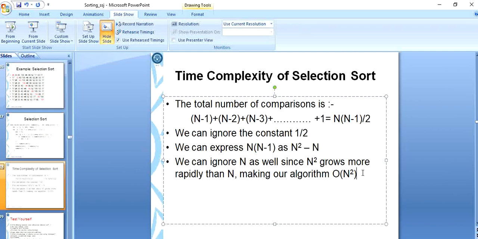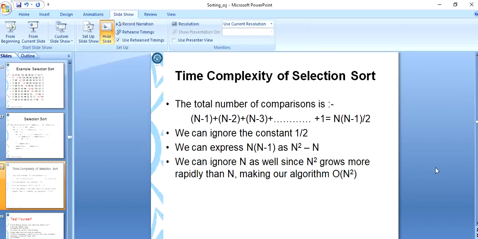It is always followed practice that they give the name of the sorting technique, and as per that name you have to sort the elements. So if you are asked to solve by using selection sort, then you are bound to solve that particular problem using selection sort only. You cannot apply any other sorting technique. So you should know each and every sorting technique, how to solve that particular problem by using such sorting techniques.